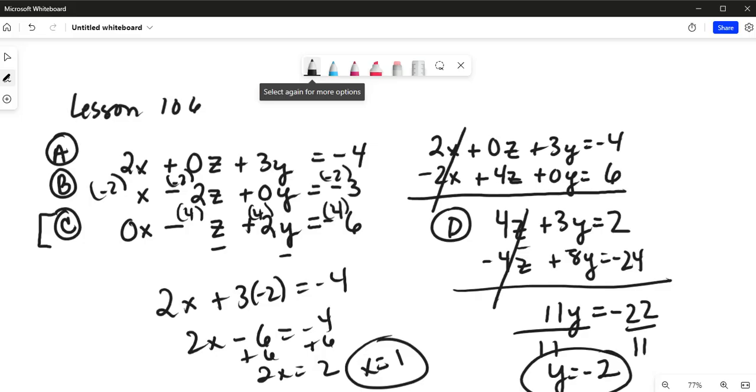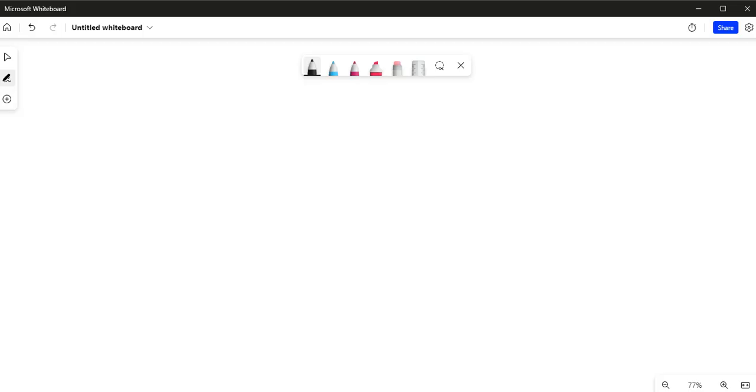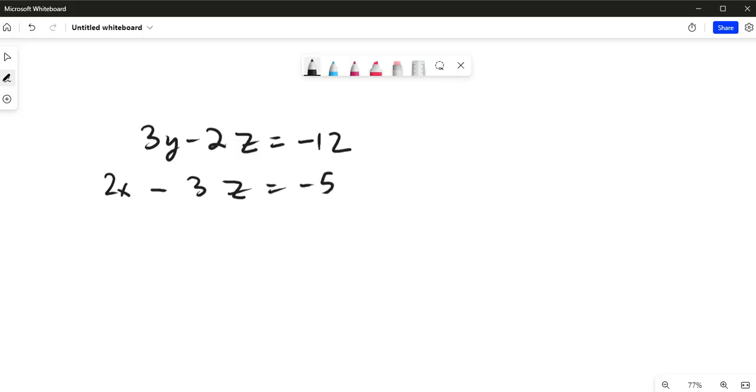All right, so let's do 106.2. 3y minus 2z equals -12. And this is not the set that I was thinking of where I needed to do the zeros, so I'm not going to do it this time. I think I was thinking of that other system of equations.